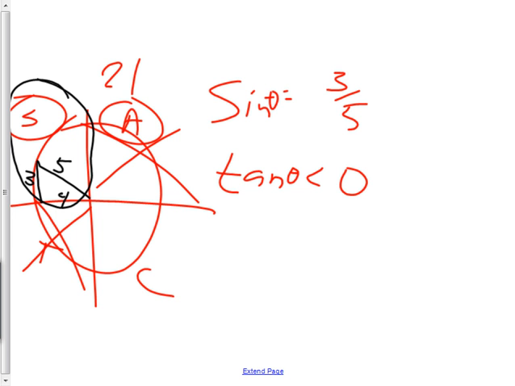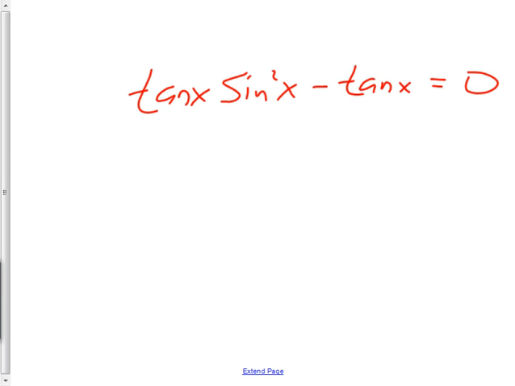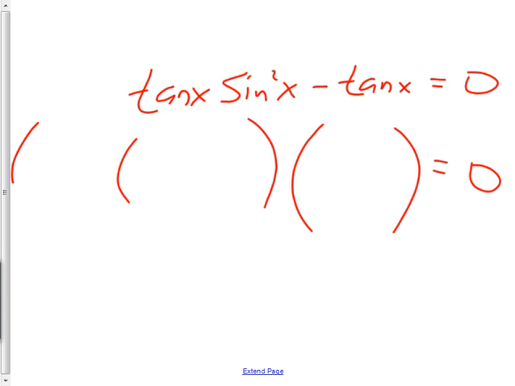Because then you'll have tangent sine squared, and then you subtract tangent, and it equals 0. And then you can factor it, and you'll have this factored thing equals 0. And in fact, I think one of the things factors, and you'll end up with like 3 factors and set them all equal to 0.